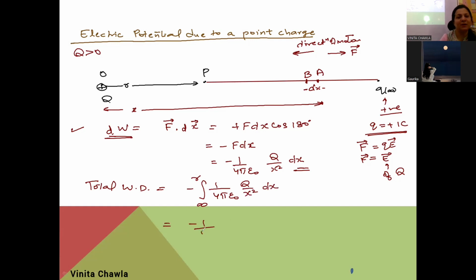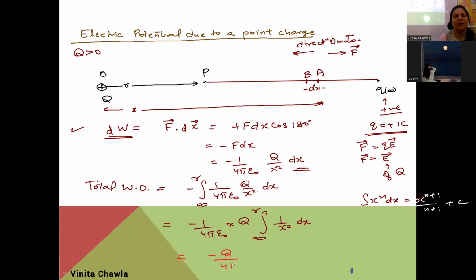So minus 1 upon 4 pi epsilon naught is constant, and multiply by q, infinity to r, 1 by x square dx. And what is the integral of x and dx? Yes, x^(n+1) upon n+1 plus C. We'll be using this relation and we'll get minus q upon 4 pi epsilon naught, minus 1 by x, infinity to r.